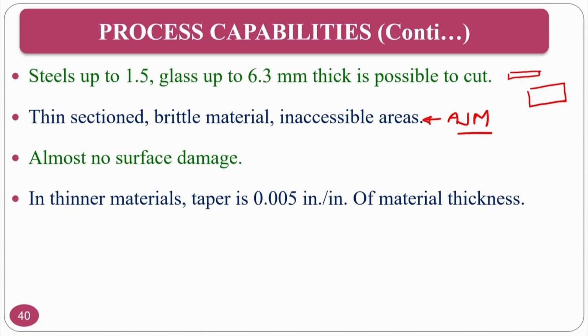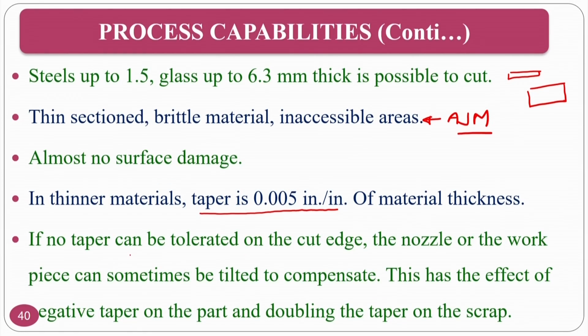In thinner materials, taper is 0.005 inch per inch of material thickness. That means normally if you are going for 1 inch, 0.005 inch is the taper that is observed. If the customer's requirement is very minimal, then you have to think about some other process. If this is within the limits of their requirement, then you can go for the abrasive jet machining process.